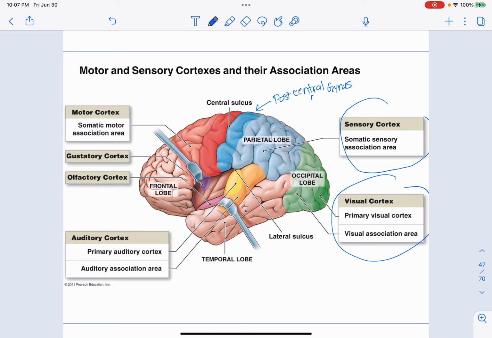Somatic sensation is a sensation that you are aware of. This area receives information, filtered through the thalamus first, about touch, surface temperature, pressure, or pain in your skin. It's largely associated with skin. And this information goes here. The precentral gyrus, which is what you're seeing in red, that's the precentral.